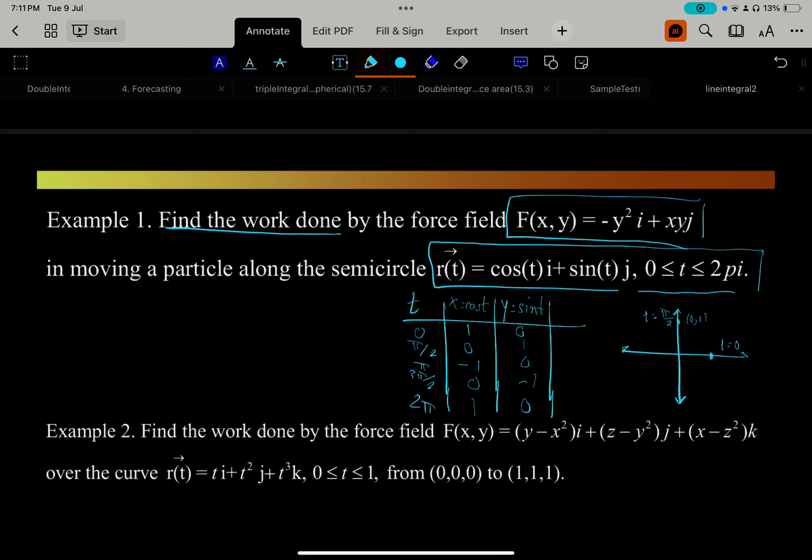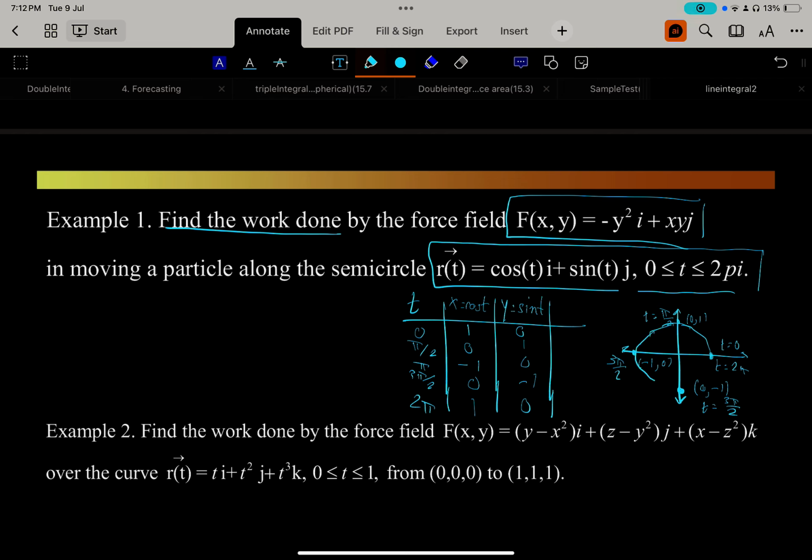And then let's take pi, which is negative 1, 0. Then t equals 3 pi over 2 is 0, negative 1, and it just goes back, here t equals 2 pi. And now this is our circle.